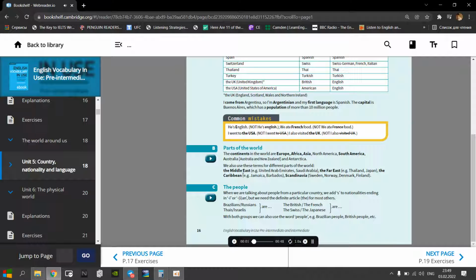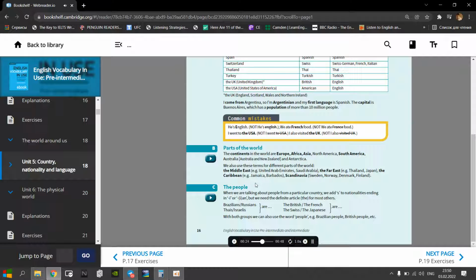B. Parts of the world. The continents in the world are Europe, Africa, Asia, North America, South America, Australia and New Zealand, and Antarctica. We also use these terms for different parts of the world.